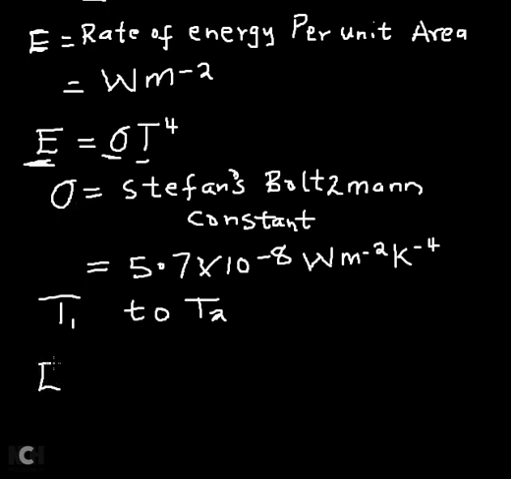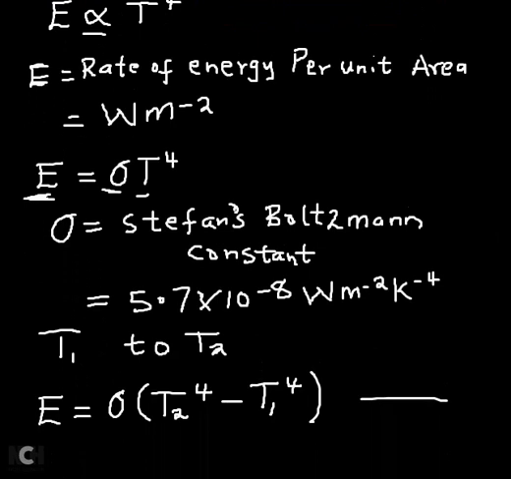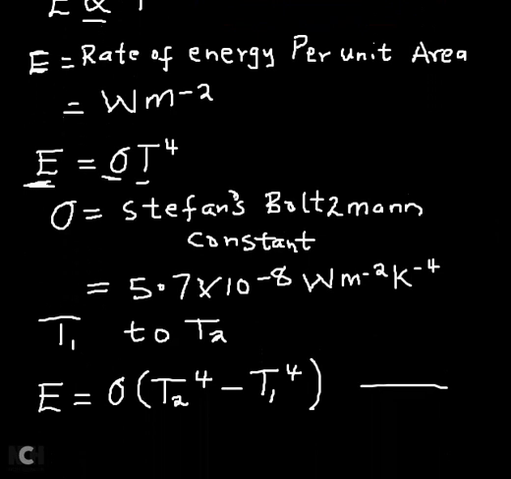The rate of energy emitted per unit area when the temperature changes is simply Stephan's constant multiplied by the final temperature T2 raised to the power of 4 minus the initial temperature T1 still raised to the power of 4. So I hope that is well understood. We definitely got to apply that.